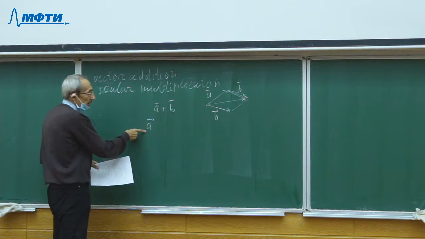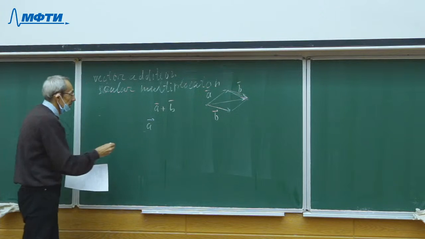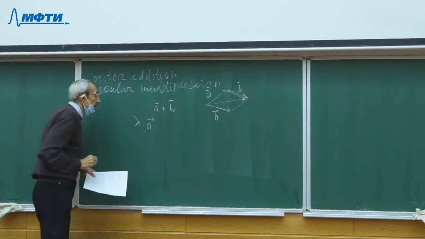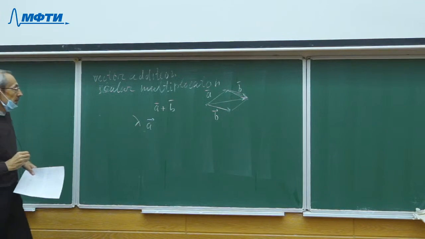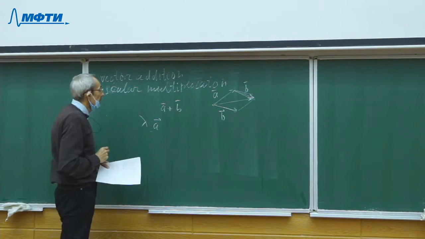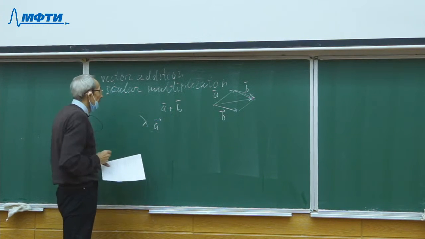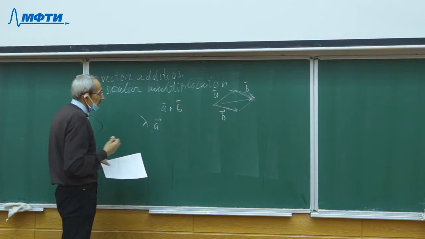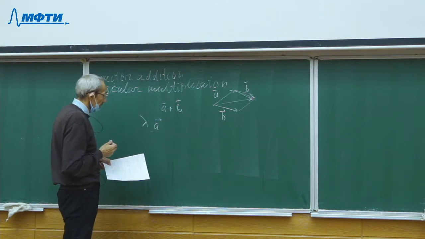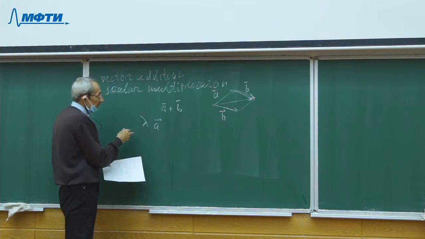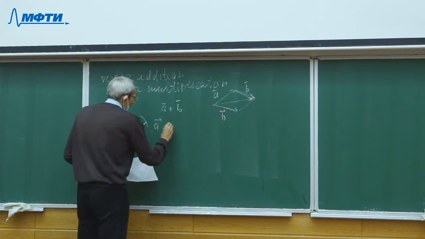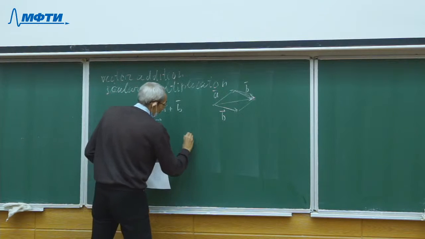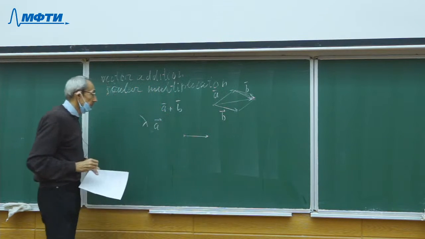If we have some vector a and some real number lambda, the scalar product of lambda and vector a is the vector, denoted by lambda a, defined in the following way.